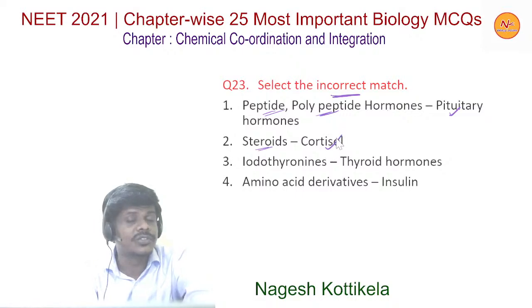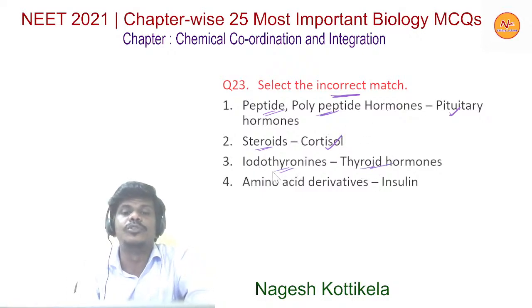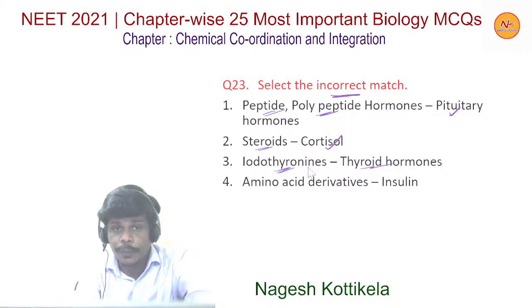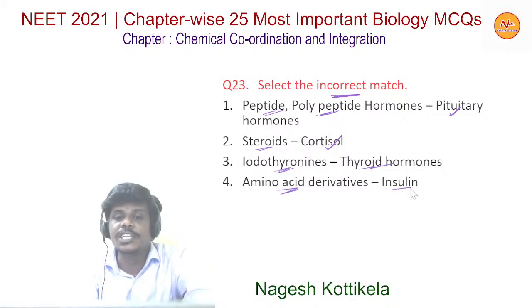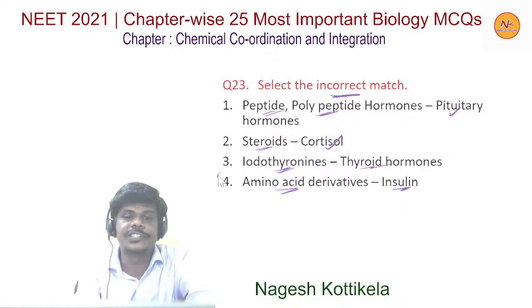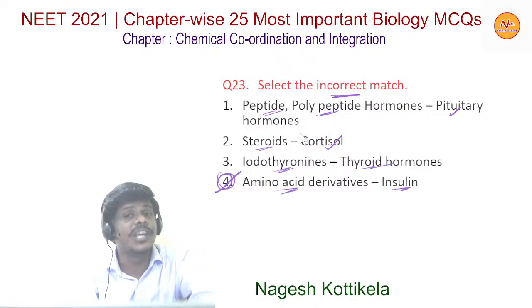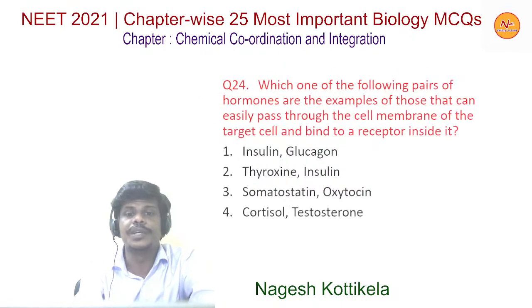Cortisol is a steroid hormone. It is correct. Iodothyronines. These are thyroid hormones. Already a hint is given: thyronine, thyroid hormone. It is correct. Amino acid derivatives, insulin is wrong. So this is incorrect. The fourth option is incorrect.